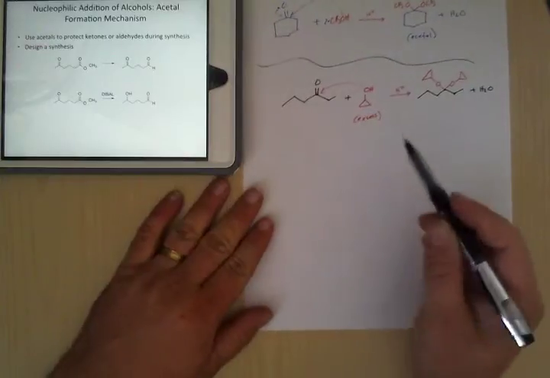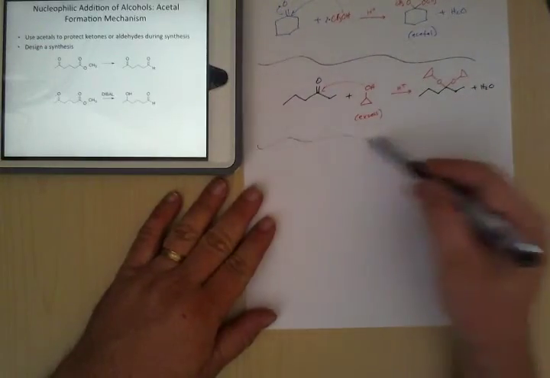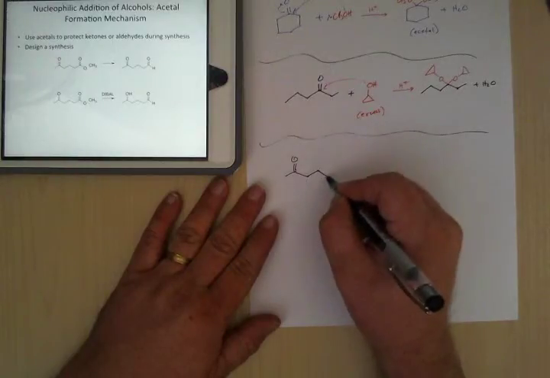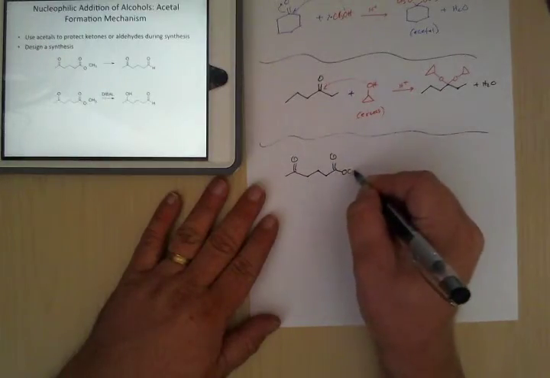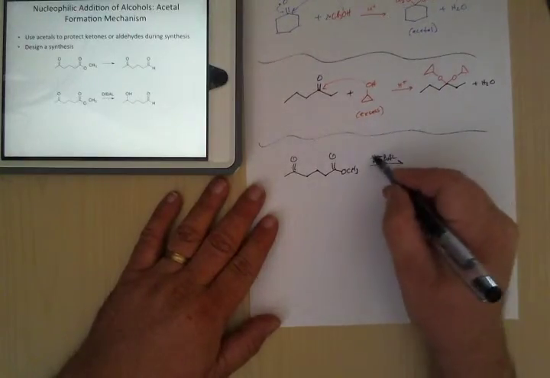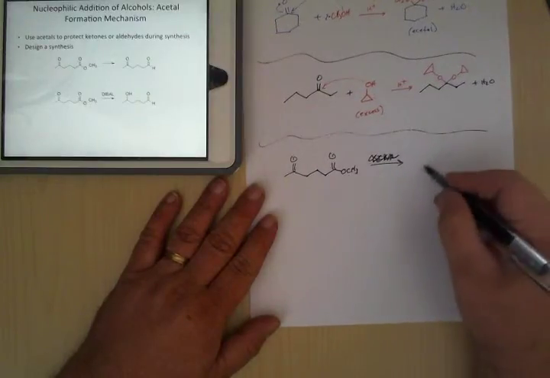And the reason why this is important is because let's say you had this compound and you hit it with DIBAL, and you want to take this compound to this compound.